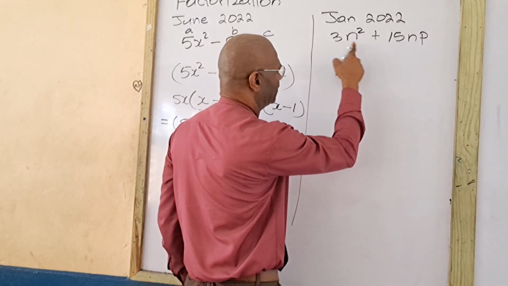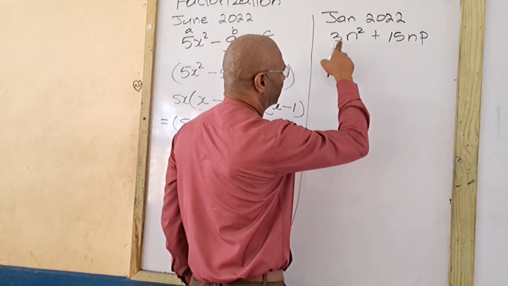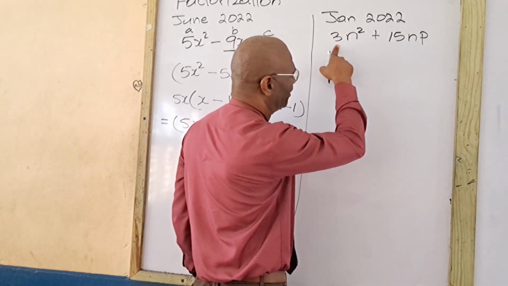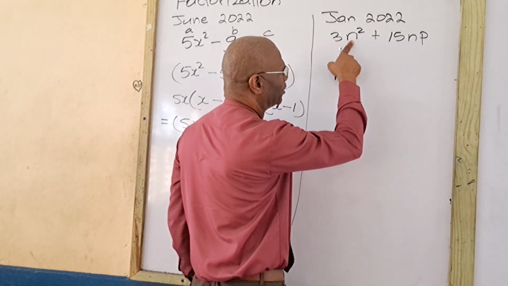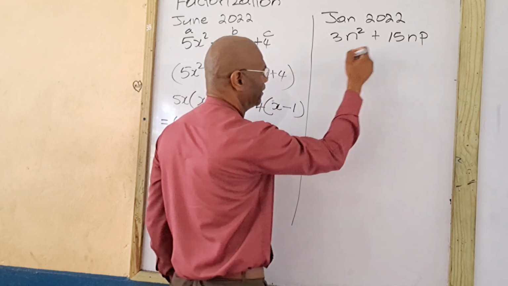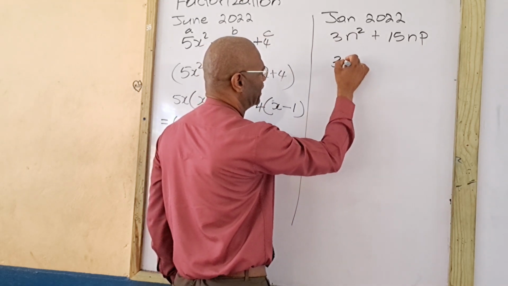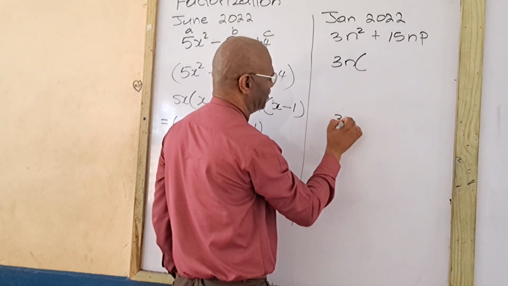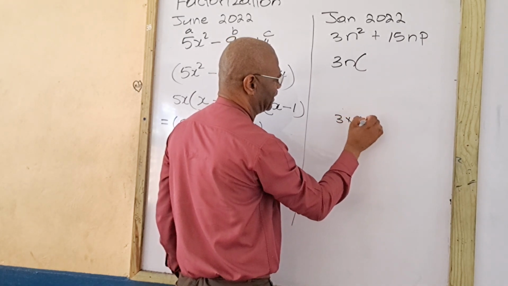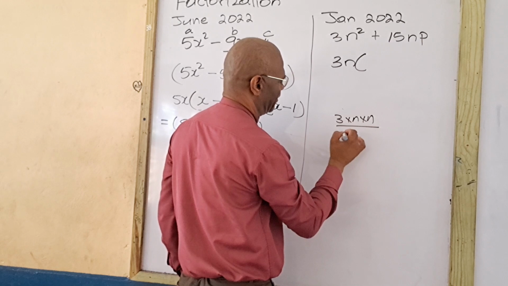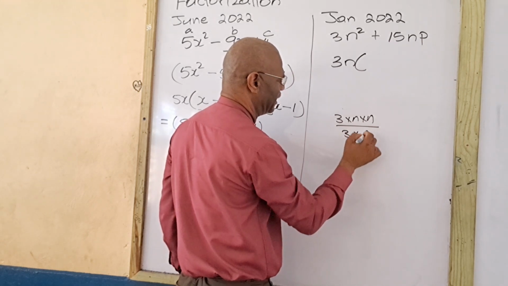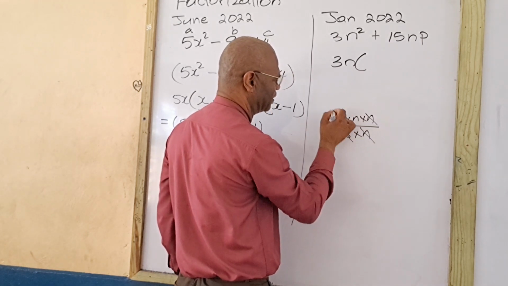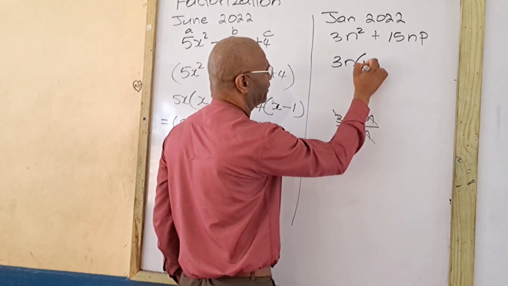So what's common? So 3 is common. 3 can go into 3, 3 can go into 15. We also have n and n. So we can take out 3n. So we will have 3 times n divided by 3 times n, cancel n, 3 cancel 3, we're left with n.